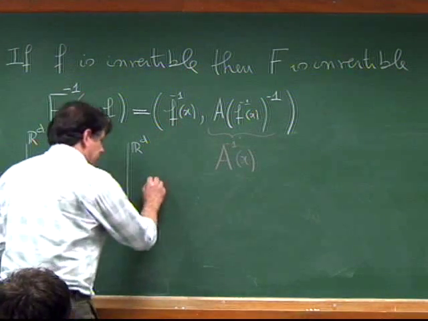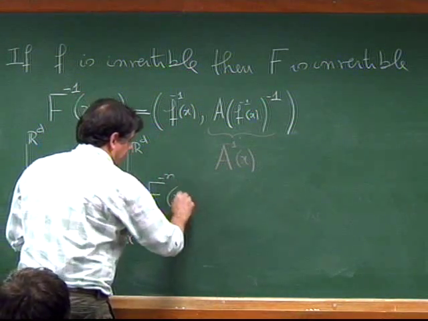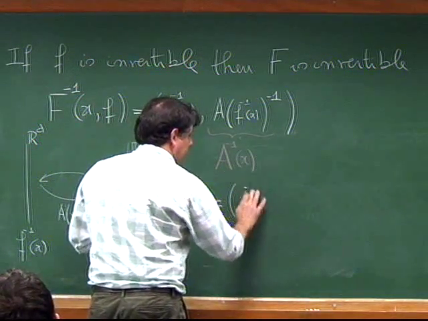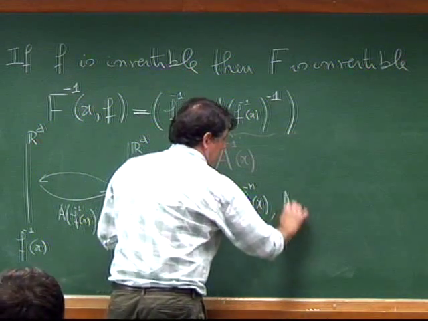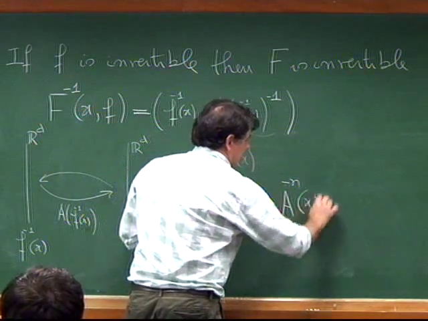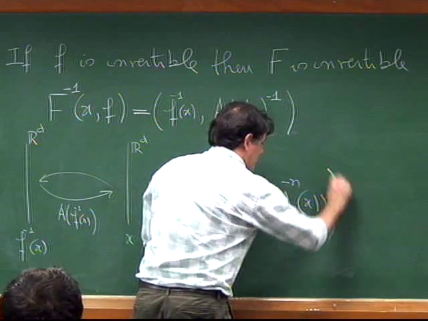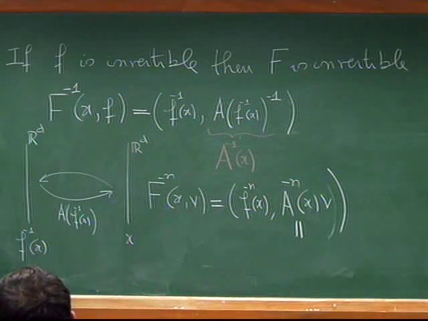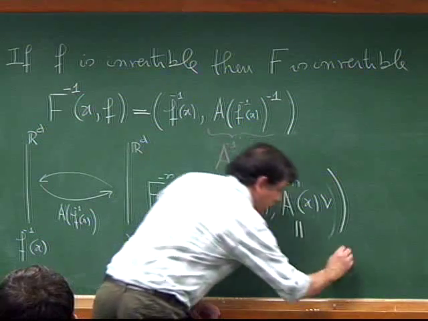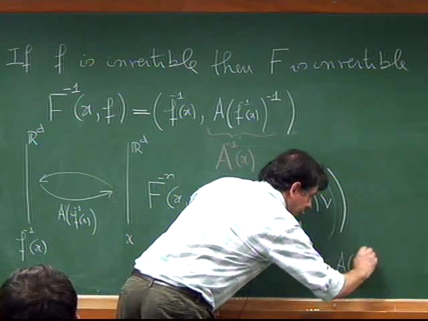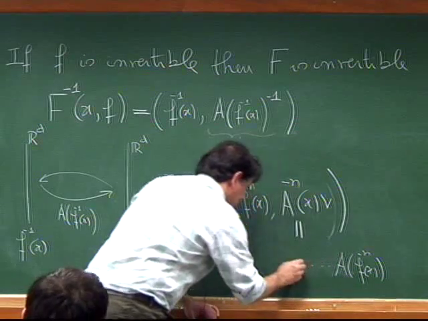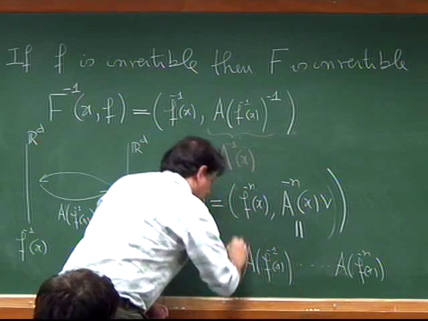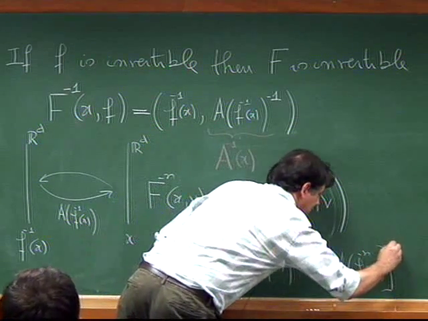So in general, F^(-n) of (x, v) is (f^(-n) of x, A^(-n) of x applied to v), where A^(-n) is A of f^(-n) of x ... A of f^(-1) of x, inverse.